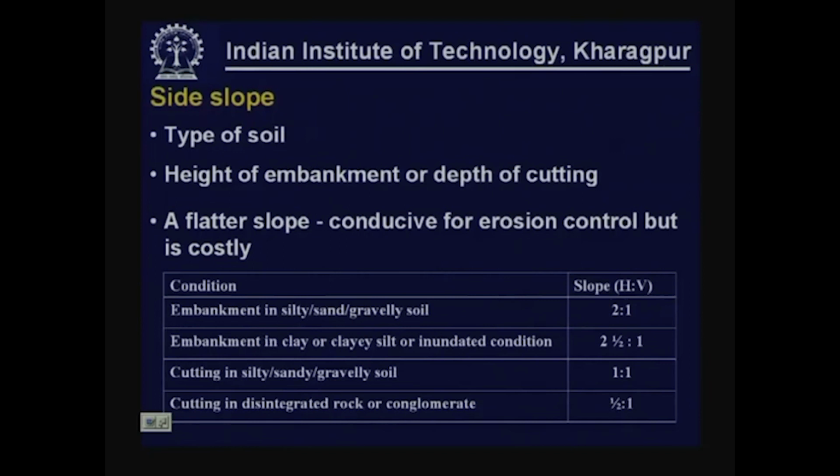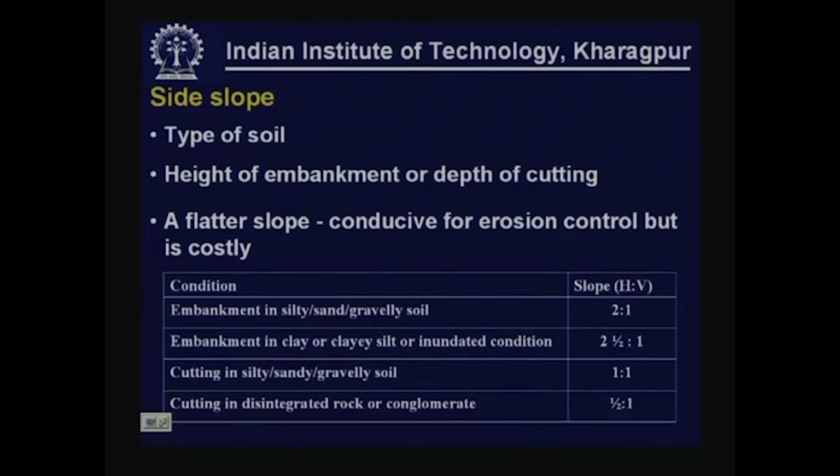So, there has to be a balance where it will be acceptable in terms of the stability, and also it should not cost an excessive amount for maintaining that slope. So, a balance is to be maintained.